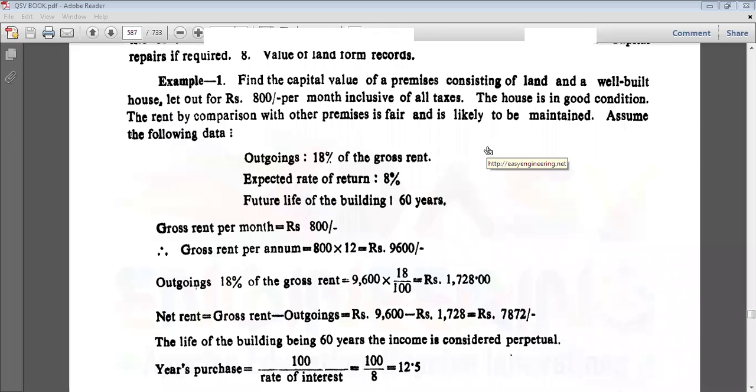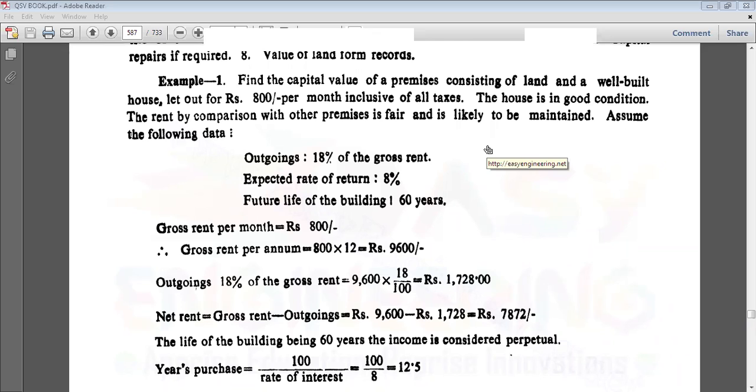Now the gross rent that the owner is getting is rupees 800 per month. So how much total gross rent will he get for 1 year? It is 800 multiplied by 12, that is 9600 rupees. Outgoings are 18% of the gross rent, so 18% of 9600 comes to 1728 rupees. What is the net rent that is available?